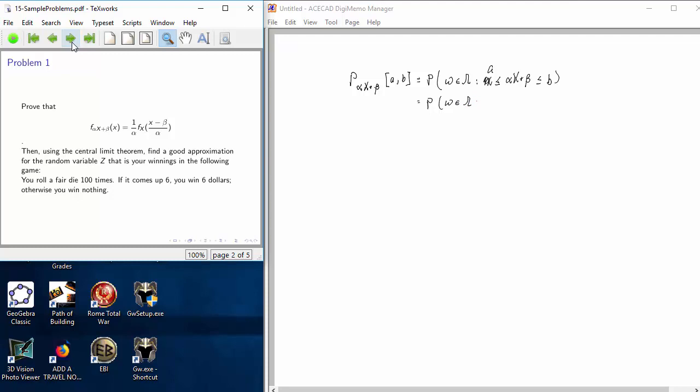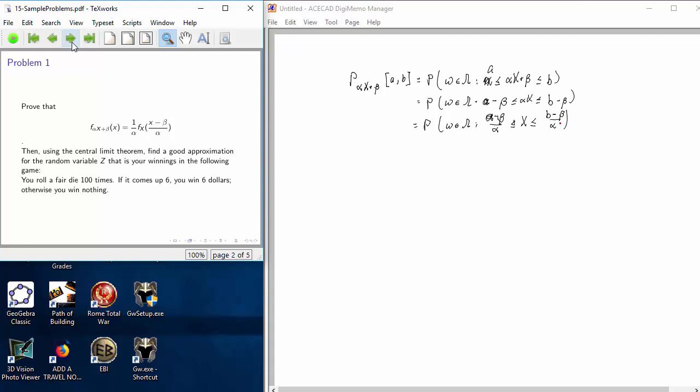So this is, of course, the same as the probability that alpha x is in between a minus beta and b minus beta, and it's also the probability of the set of elements in the sample space for which a minus beta over alpha is less than or equal to x, which in turn is less than or equal to b minus beta over alpha.